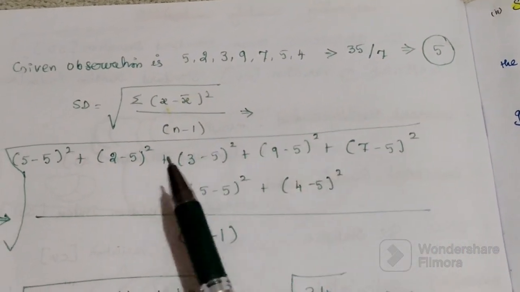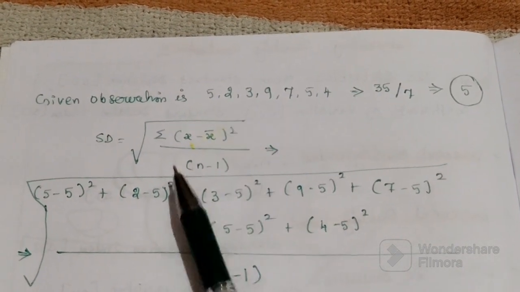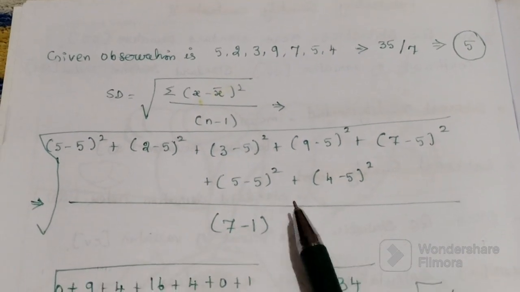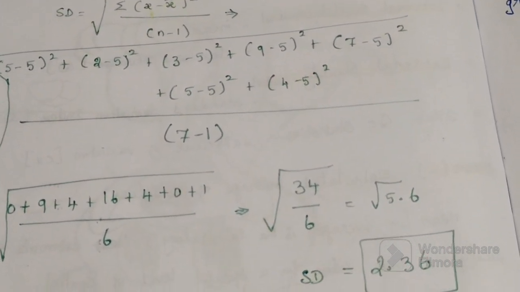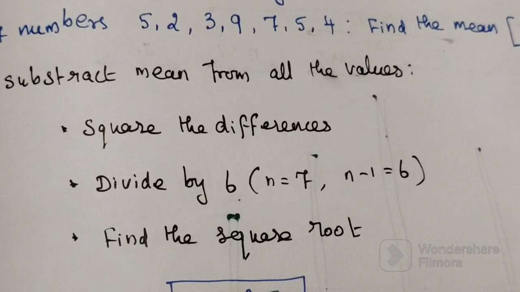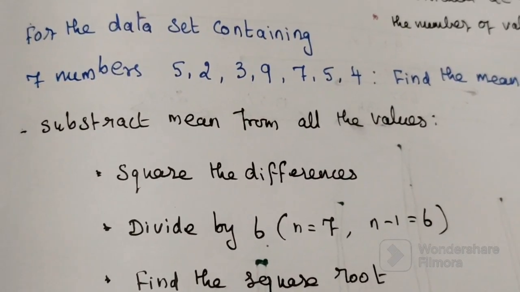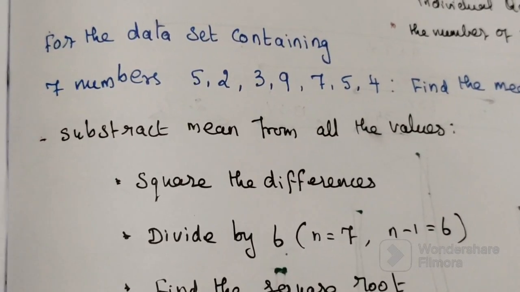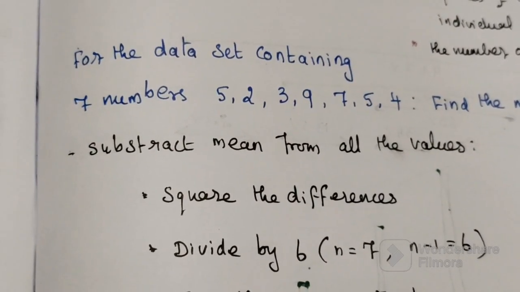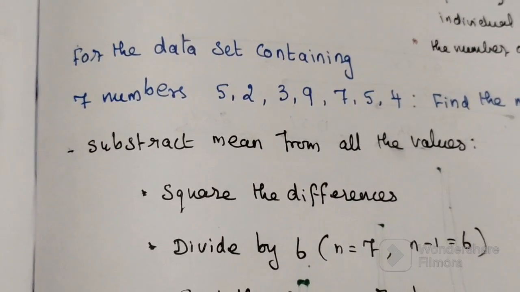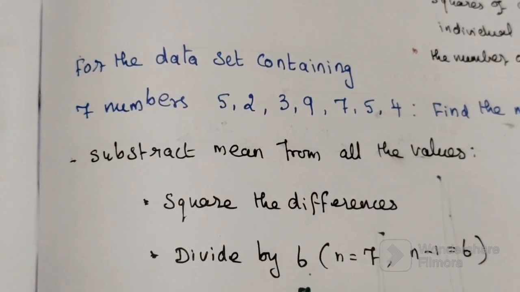Given the data, find the mean, which is 5. Then we subtract the mean from all the values, 5 2 3 9 9 7 5 4, and we get the differences. We square the differences, add them, and divide by 6, because the number of values is 7 and the denominator in the formula is n minus 1, which is 6.